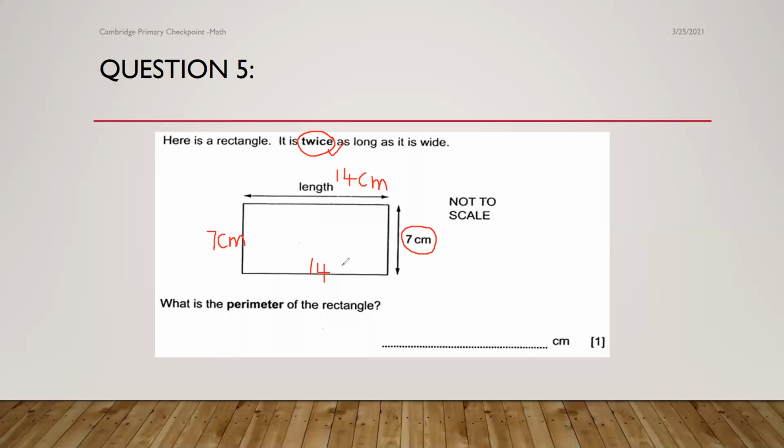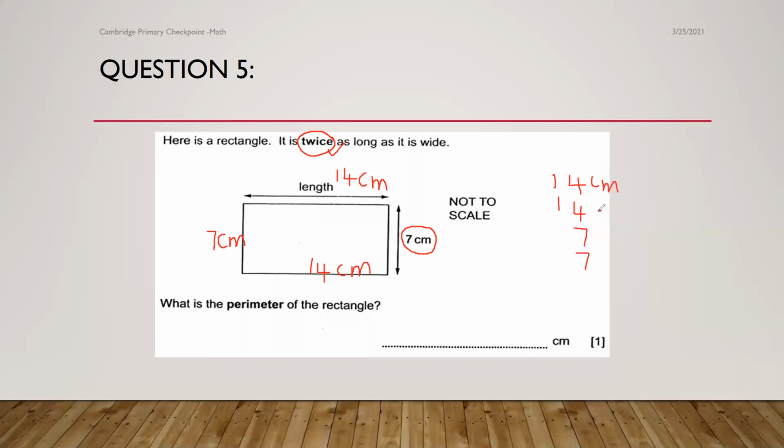Now, when I'm going to find the perimeter, you have to add all the 4 sides. 14 plus 14, it's 28. Then again, 7 plus 7, it's 14. So then what should I do? I have to add 14 centimeters plus 14 centimeters plus 7 plus 7, right? So when you add, you will get the perimeter.